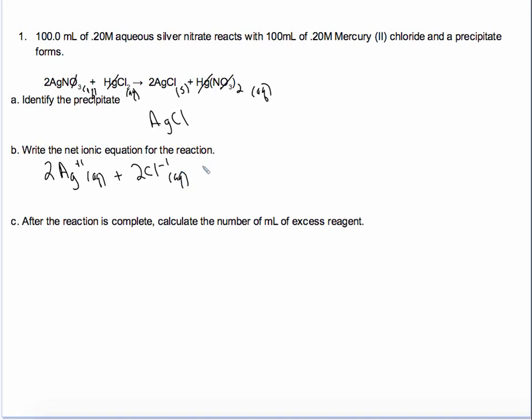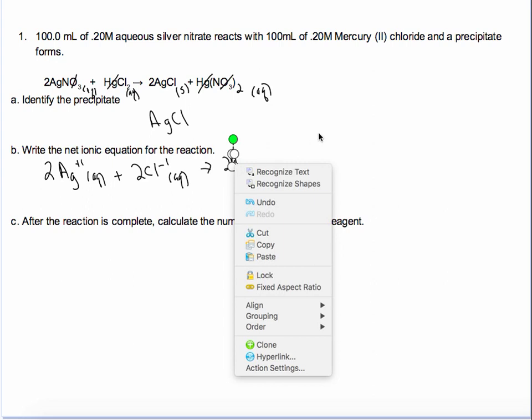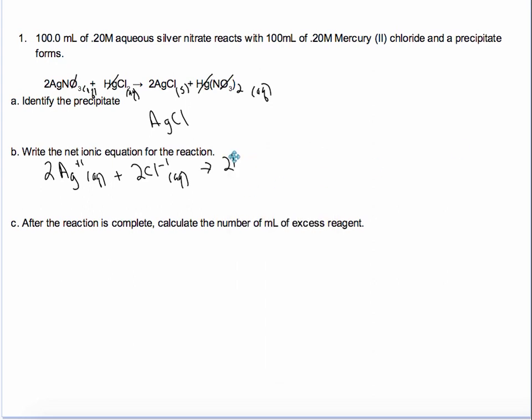Now there's this 2 here, 2 chloride -1 aq, gives 2, oops, I need to go back, that's not what I want, 2 silver chloride, solid. Now the 2's all cancel, and then you just get Ag plus 1 plus Cl minus 1 gives AgCl. Now some people like to write Cl2, and they make that mistake right here.